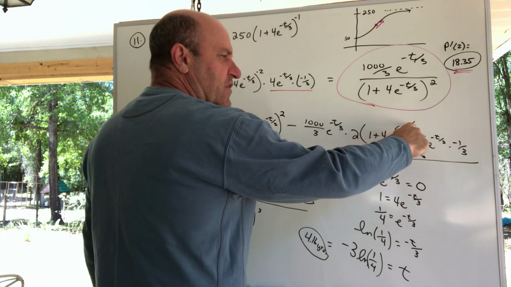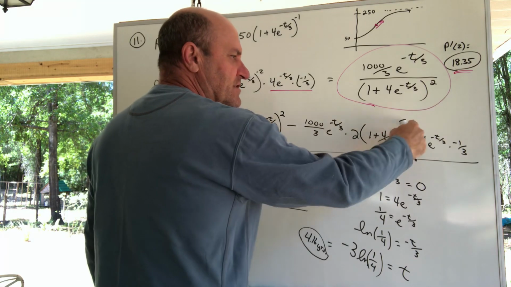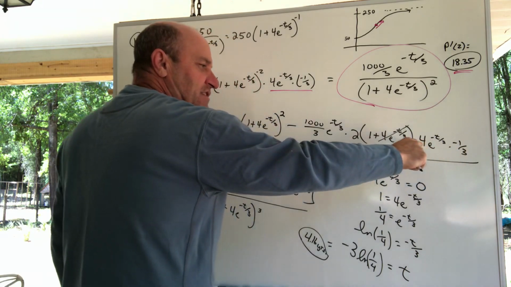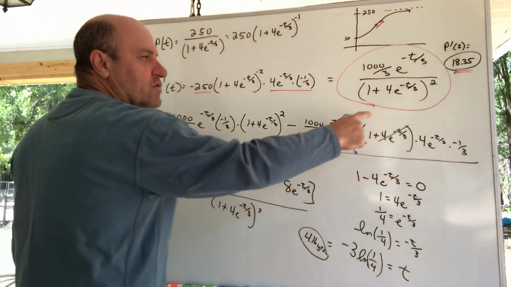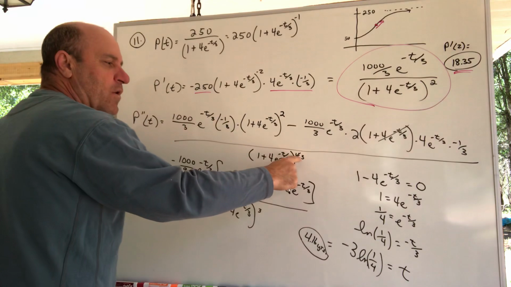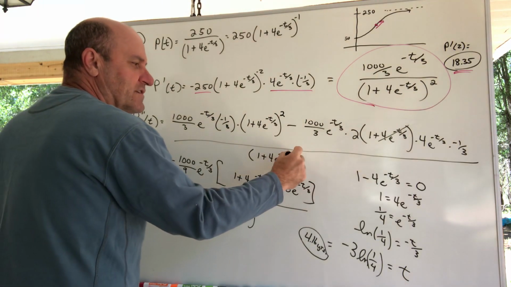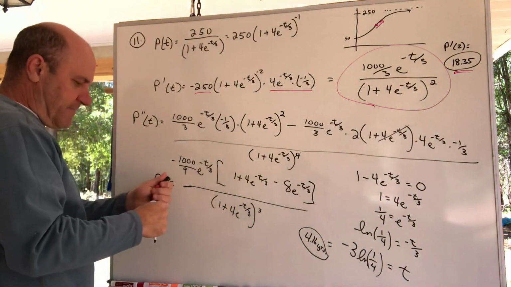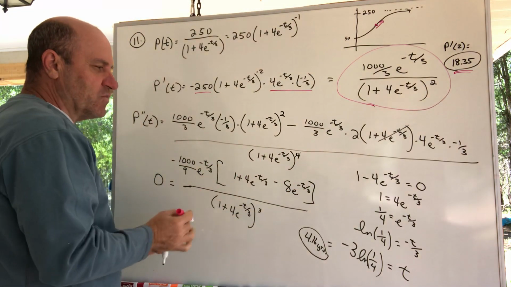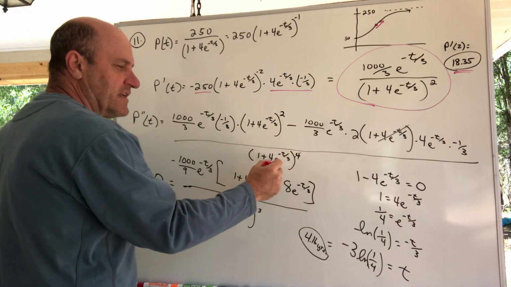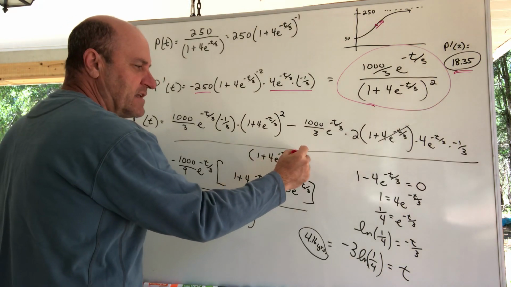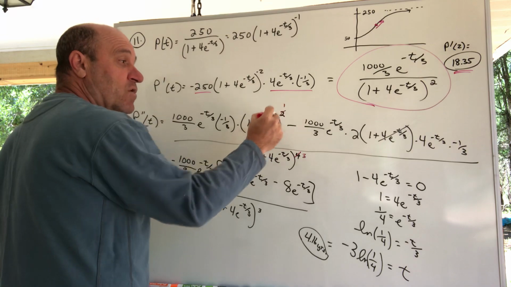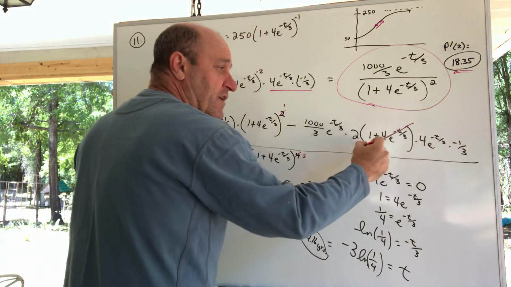This thing is to the first, and then the derivative inside, another little chain rule action there, all over the denominator squared, which is this thing squared to the 4th. But because I've got this term, 1 plus 4e to the negative t over 3, I can cancel one of them there, leaves me 3 of them. Cancel one of them there, leaves me 1 of them. And cancel this whole thing here, it's gone.